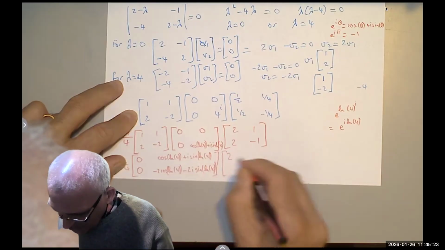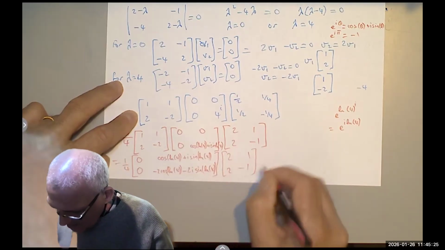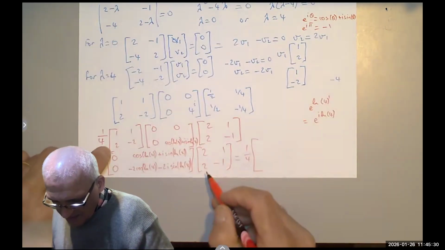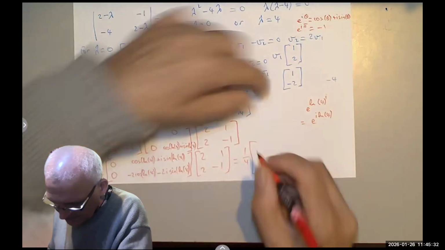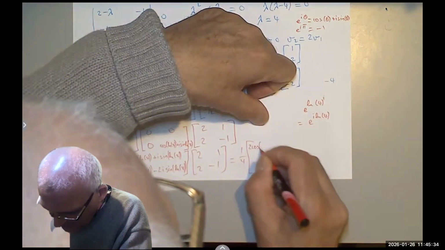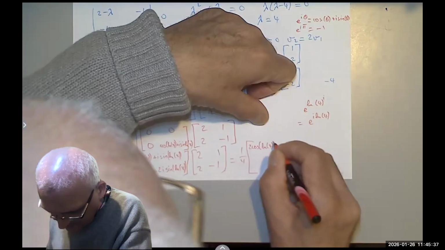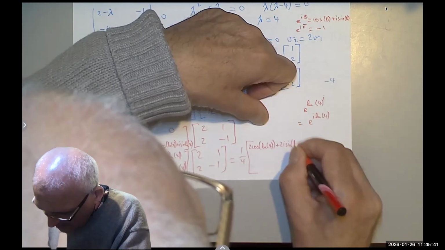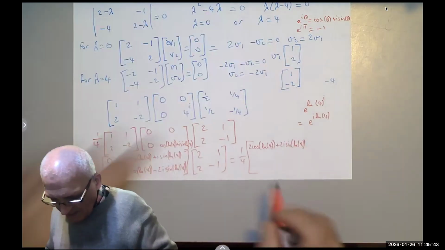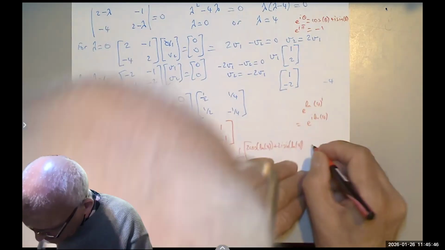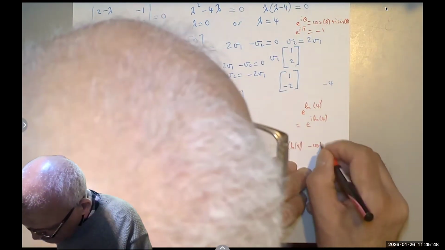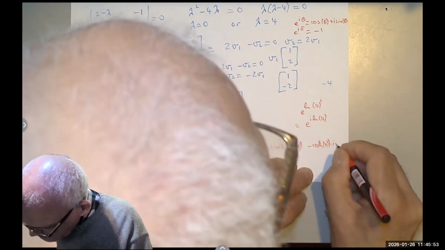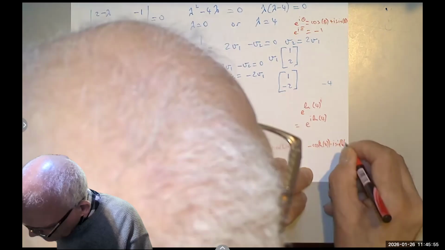Everything multiplied by 2, 1, 2, -1 equals 1/4 times 0. And here you get 2 cos natural log of 4 plus 2i sine natural log of 4. And here you get 0, and you get negative cos natural log of 4 minus i sine natural log of 4.